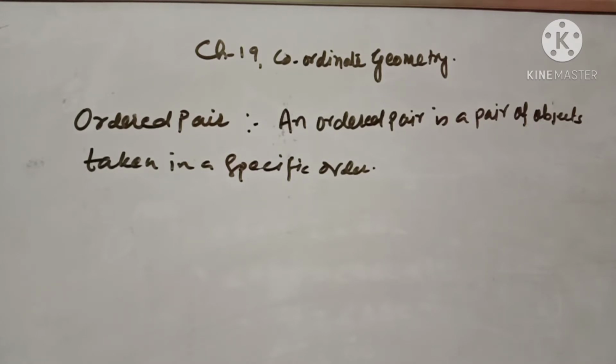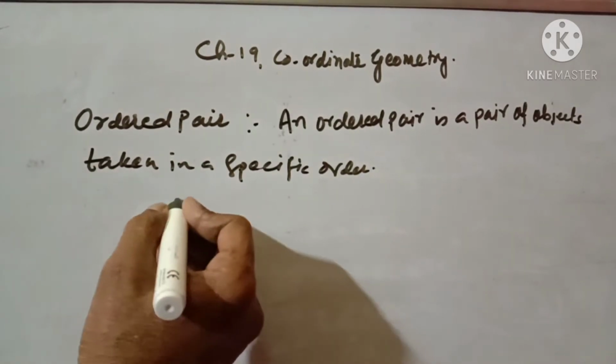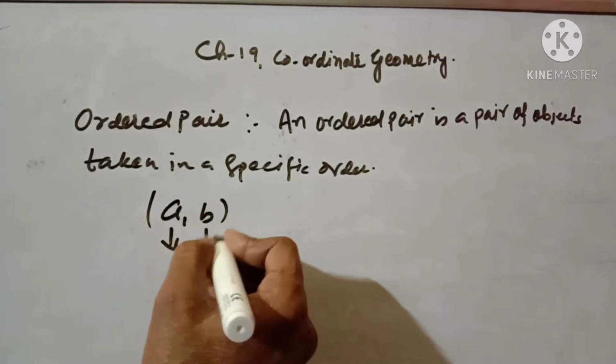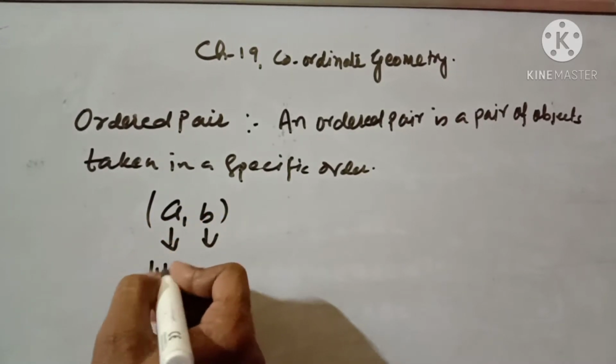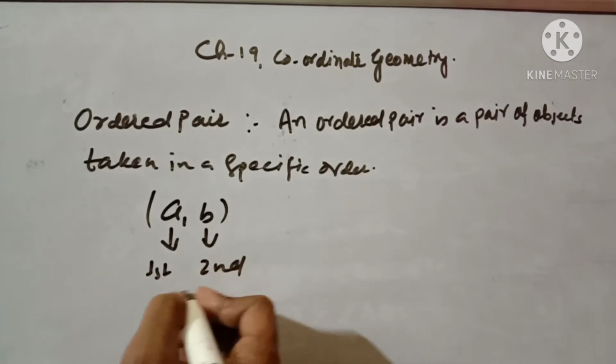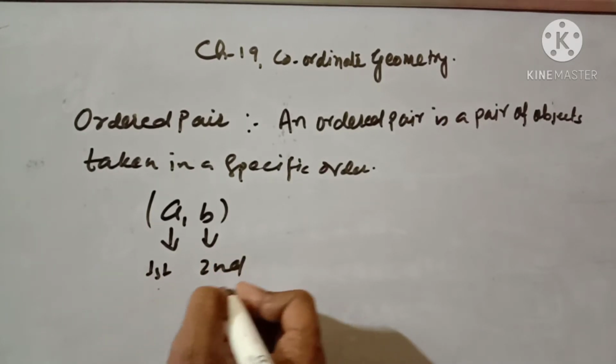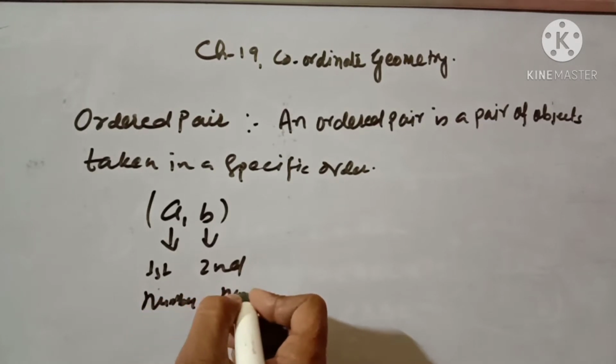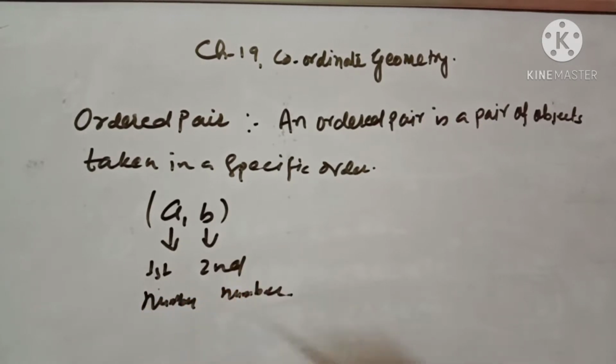In ordered pair (A, B), A is called the first number and B is called the second number. Write down please.